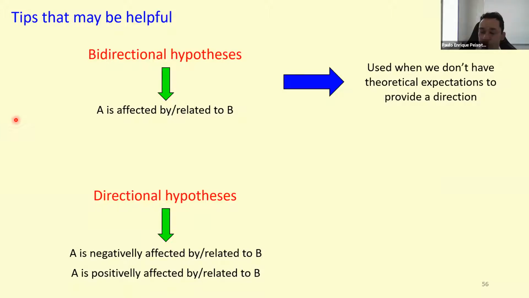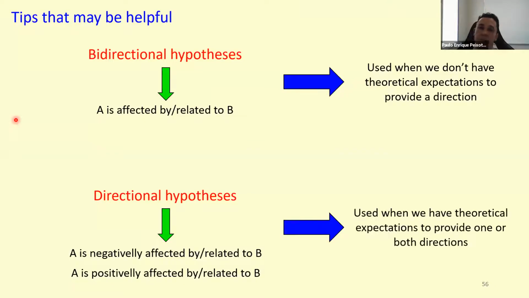We are doing our first investigations and we do not have a specific expectation. So you should use a bidirectional hypothesis. However, in many instances, we have theoretical expectations. We discuss known processes that should provide a direction, okay? Because the theory also provided it to us. So if you have this, you should use a directional hypothesis.